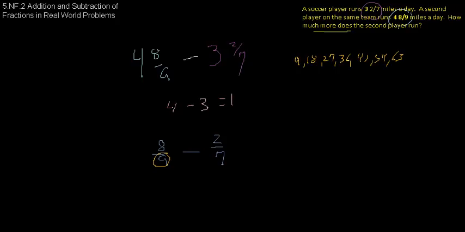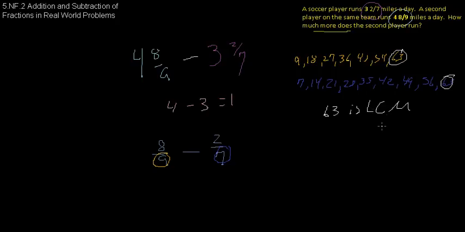Now if we look at 7: 7, 14, 21, 28, 35, 42, 49, 56, and 63. So I see that 63 and 63, so we know that 63 is the lowest common multiple.